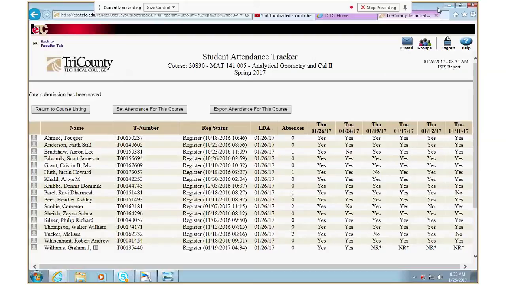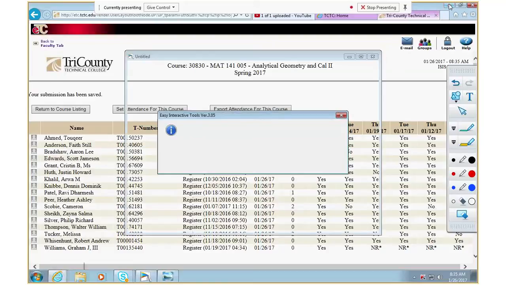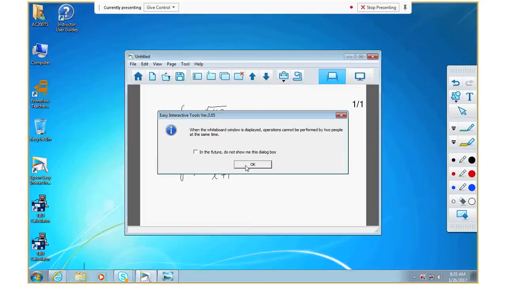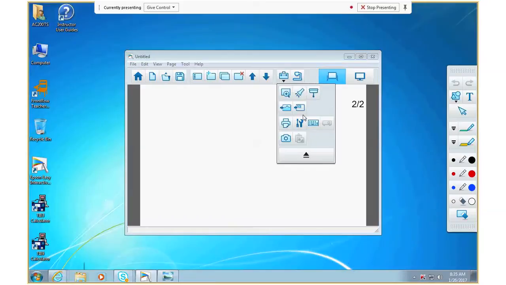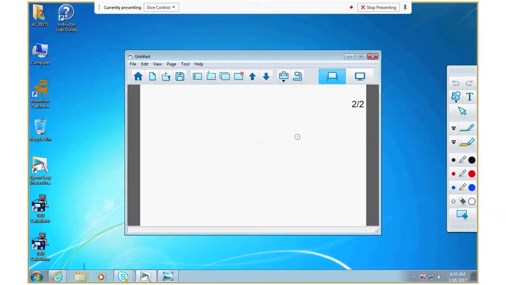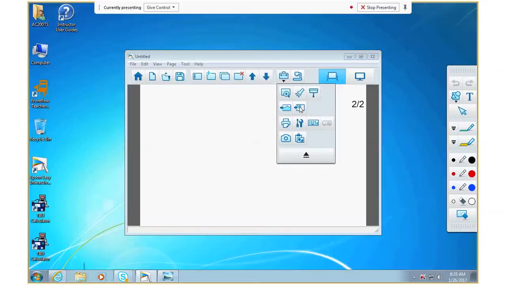Okay, now back to me pulling this up. What I'll do is I'll do another screen and pull this in as a picture. No, there it is. Paste, insert image. There it is.